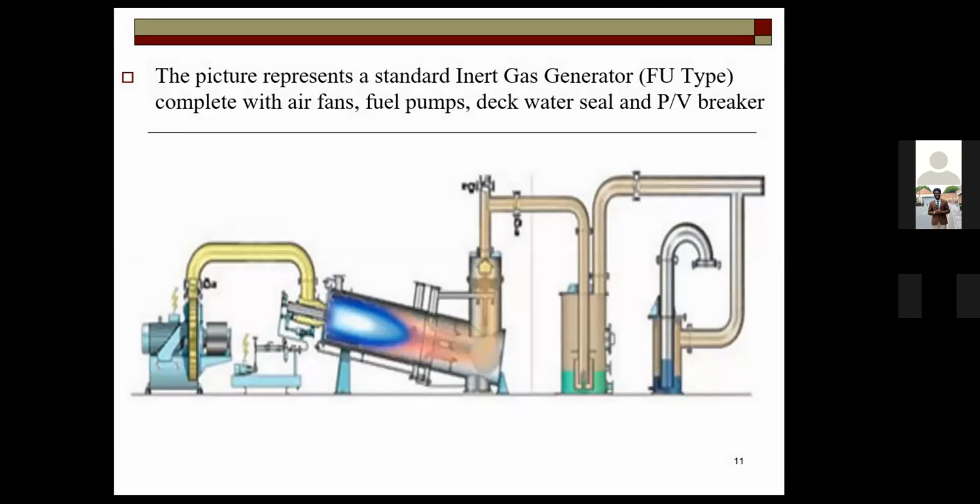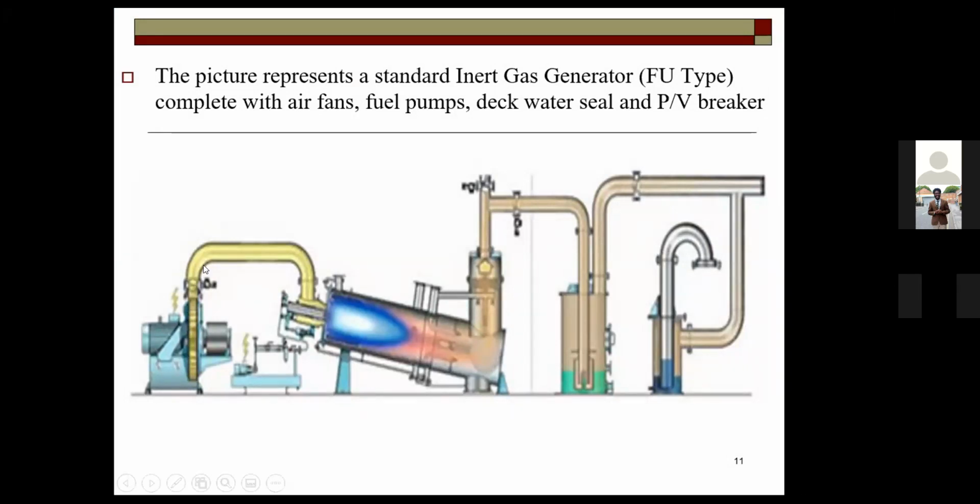So this is another picture representing the standard inert gas generator with the complete arrangement. They have the fans, the fuel pump, the dead water seal, the PV breaker. So from the beginning here, you can see you begin to generate the inert gas.